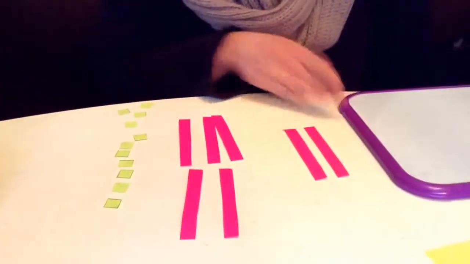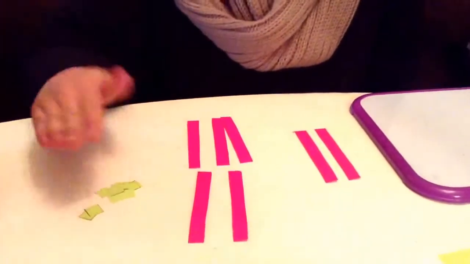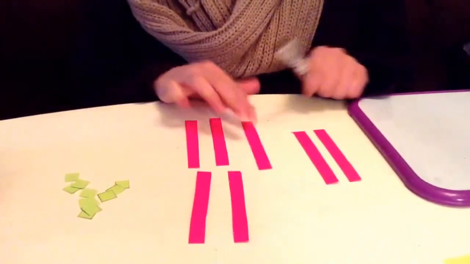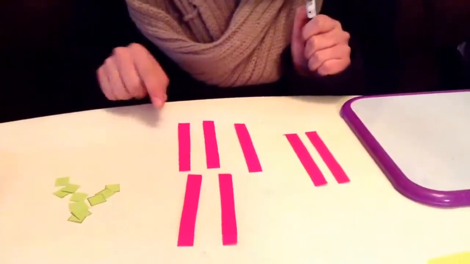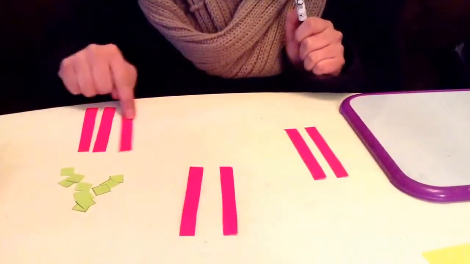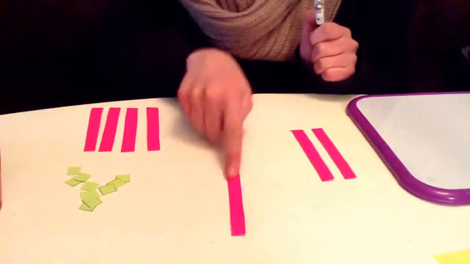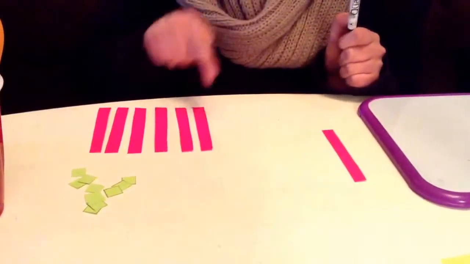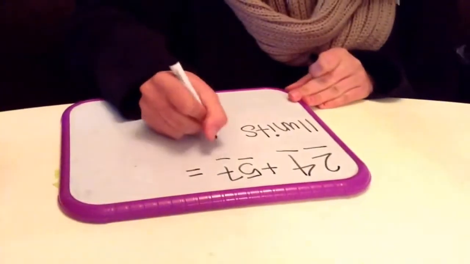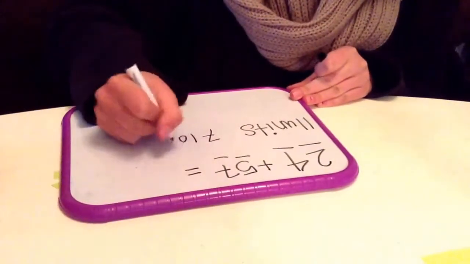So we're going to put those to the side while we count out our longs. We're just going to do the same thing but count by tens since 1 long equals 10. 10, 20, 30, 40, 50, 60, 70. So now we have 7 longs.